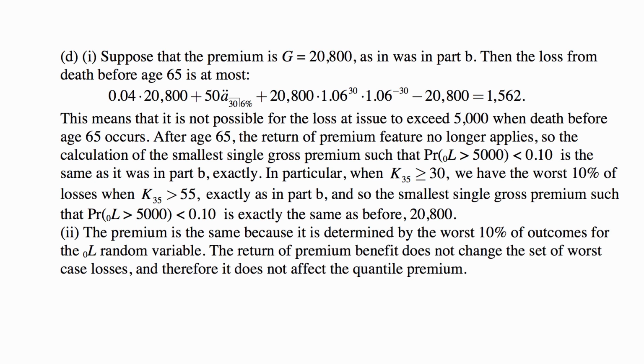And the premium is the same because it is determined by the worst 10% of outcomes for the loss at issue random variable, and the return of premium benefit does not change the set of worst case losses, and therefore it does not affect the quantile premium. The worst case losses happen in the annuity tail.